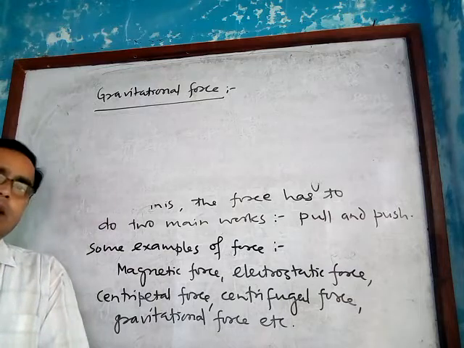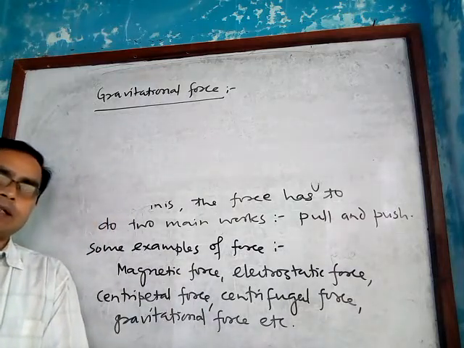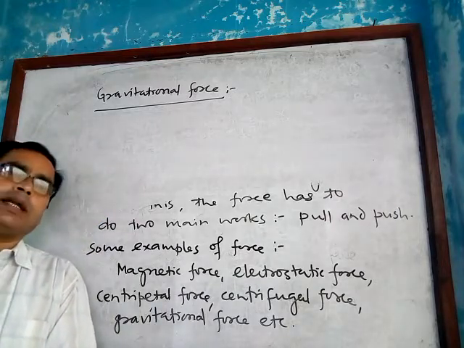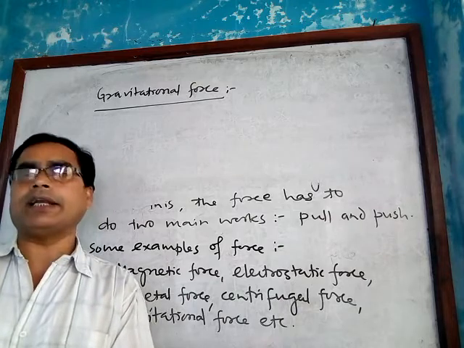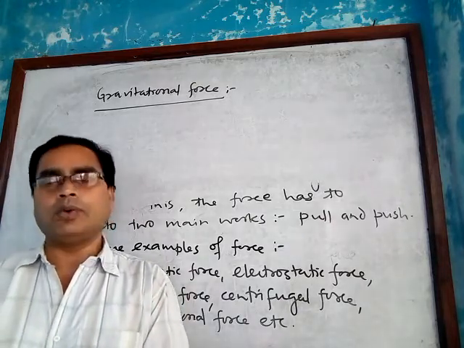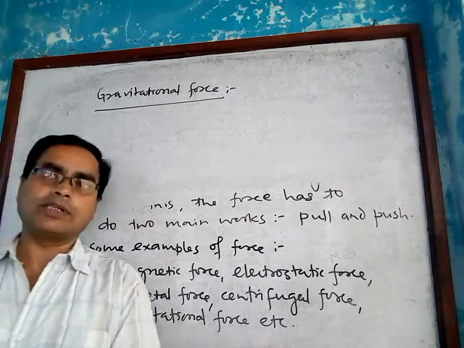Finally, he concluded that not only the sun and the planets, but any two bodies in the universe are attracting each other with a force which is called gravitational force.